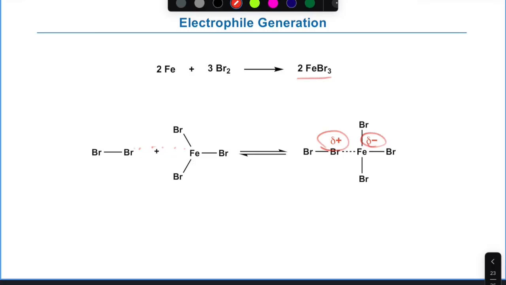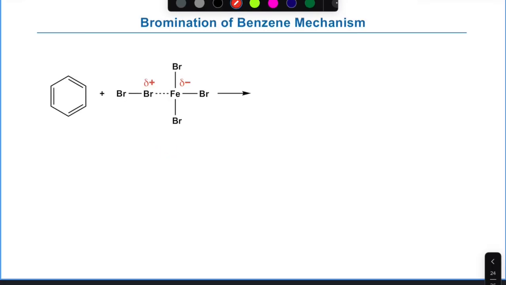And so now if we use this as our electrophile, which is pretty active, we're once again going to be taking this lone pair and grabbing a bromine, and so that's just going to form that bond. Forming this sigma complex.